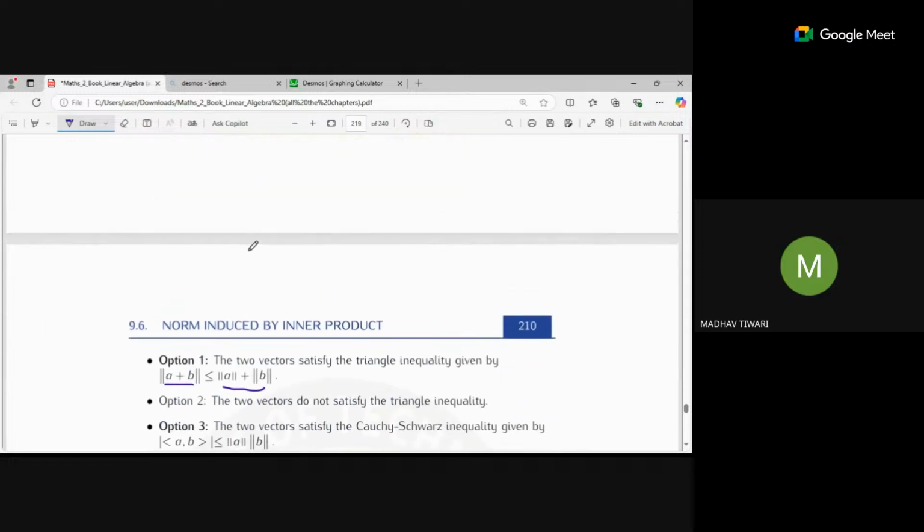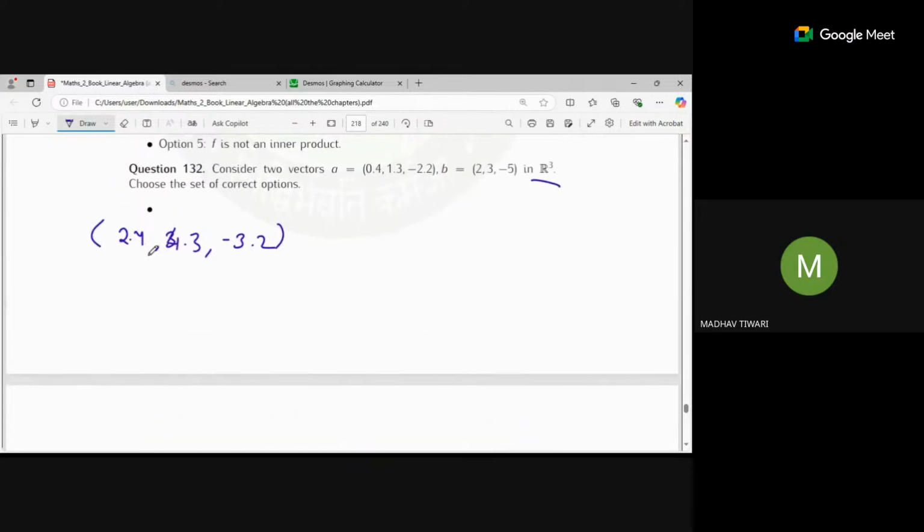It is asking for the magnitude of this. So if you find the magnitude of this, it will be 5.76. 4.3 squared will be 18.49, and 3.2 squared will be 10.24.